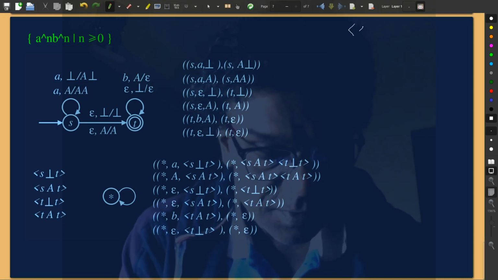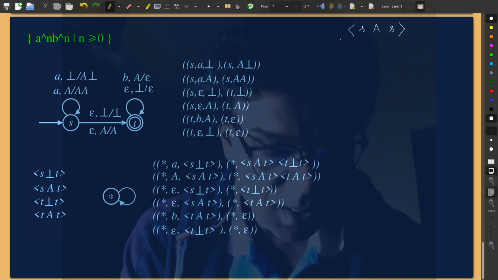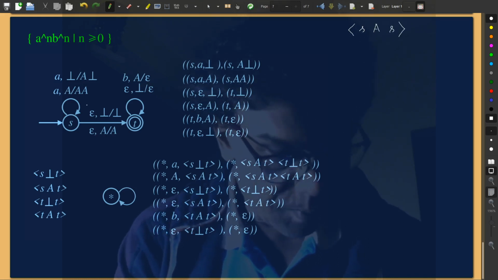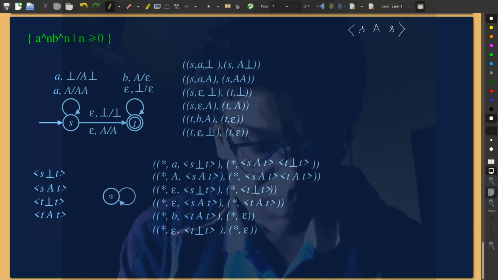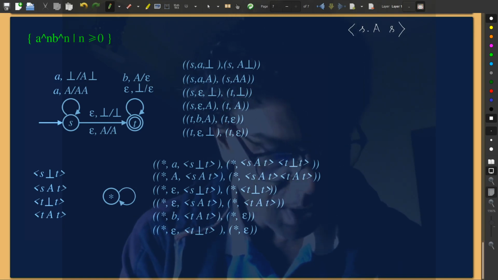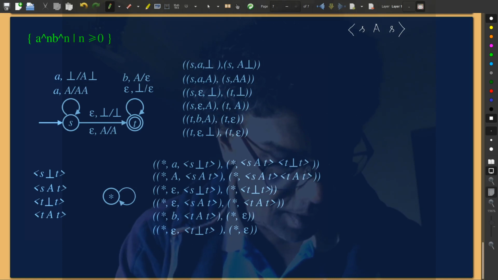Now if you have something like this, maybe let's say S, A, S. What does it say? This machine starts at S, sees an A at the top of the stack, eventually ends up in the same state S, but with that A removed. But if you look at this, in the state S, nothing is popped from the stack. It's only pushed.